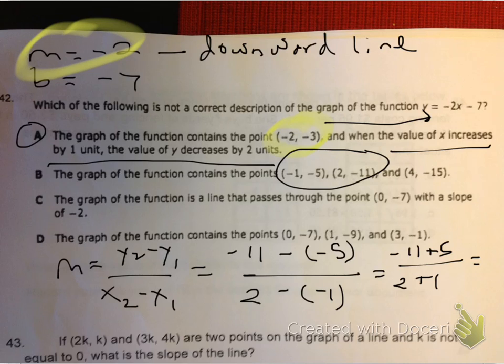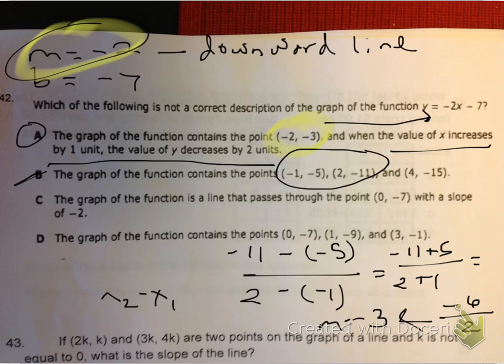So then I end up with -11 plus 5 is -6 over +3. And if I reduce that, -6 divided by 3 is -2... I'm kind of going all over the place here. -6 divided by 2 is -3. So the slope between these two points is -3. That can't be our answer, because we're looking for that slope of -2. So I just proved that wrong.